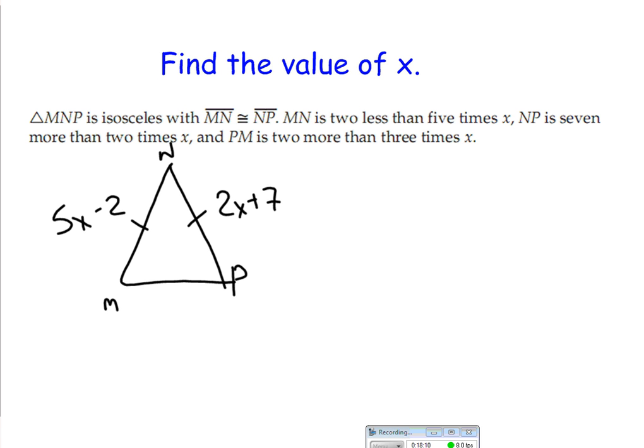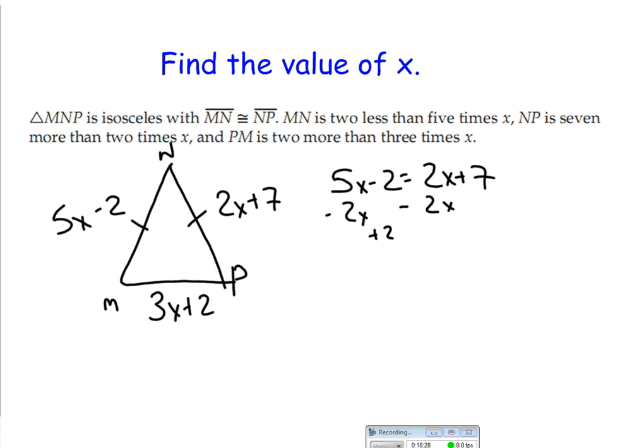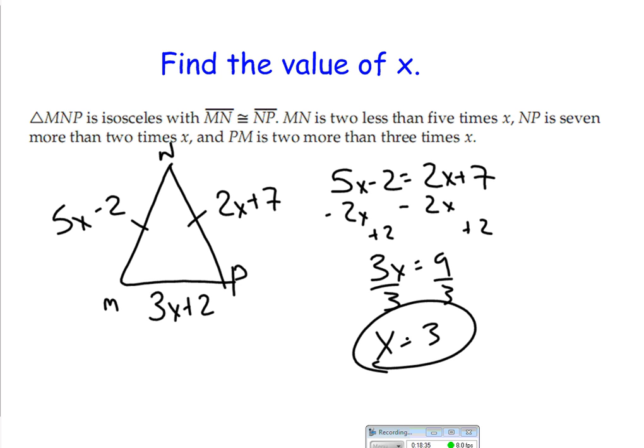PM is 2 more than 3 times x. Those two are equal to each other, so that's where I start. I'm going to subtract 2x, add 2, add 2. Hopefully your algebra is coming back to you and you're getting strong with it. So x equals 3, and that's my answer.